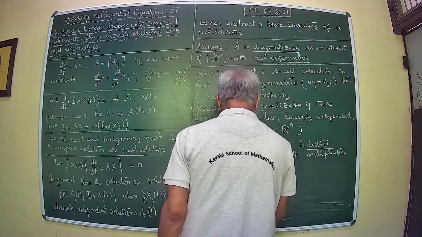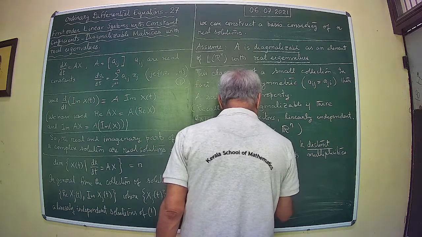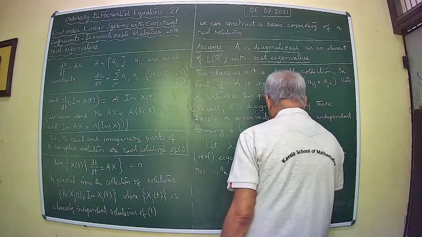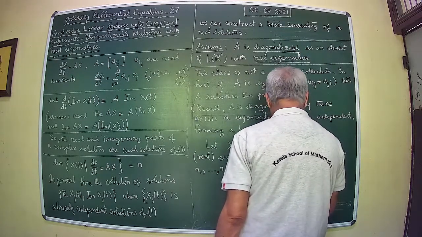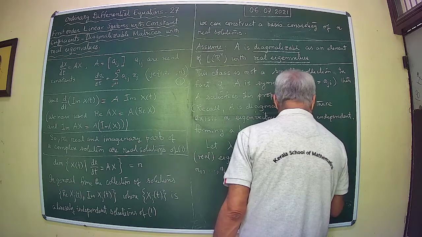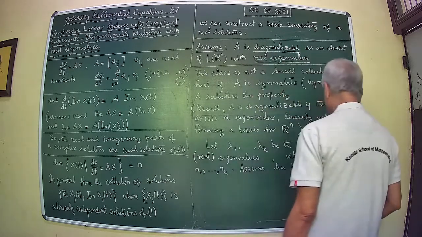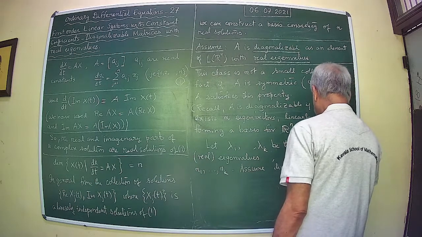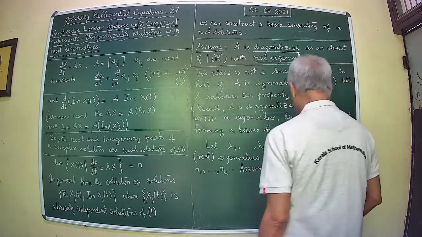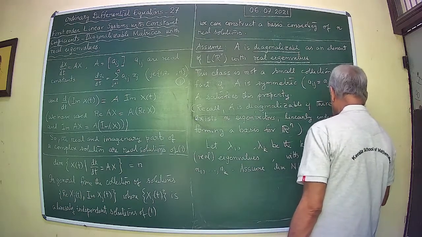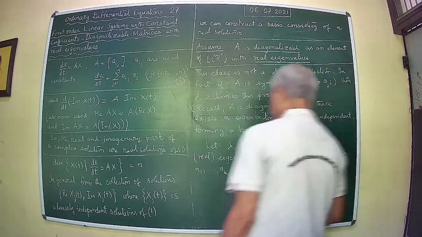Assume the dimension of the null space of A minus lambda j I is equal to nj for j equal to 1 to k.